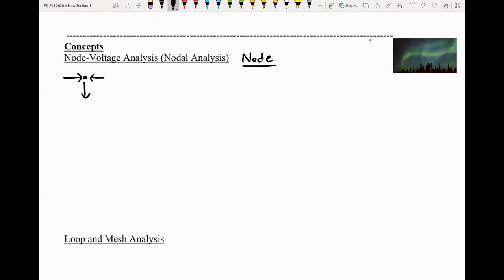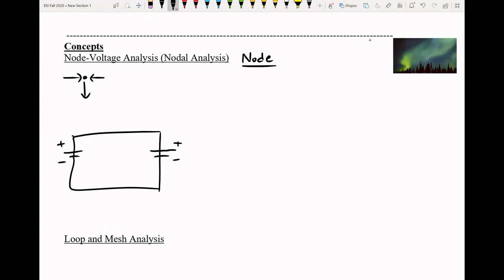So if we were to draw our circuit out, plus minus, this will be point VA, this will be point VB, and this will be point V of C. We'll have resistor 1, resistor 2, and then R3.